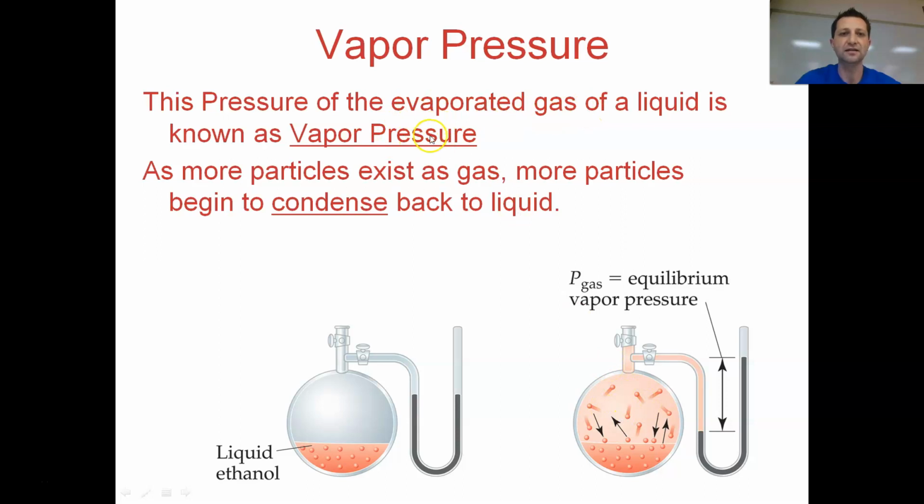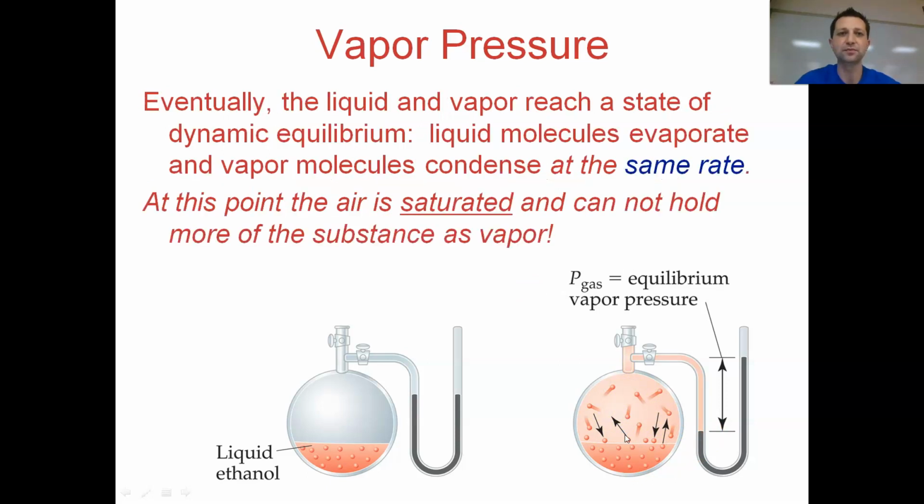So the evaporated gas causes that vapor pressure because it exerts pressure on the walls of the container. As more particles exist as a gas, more particles condense back into a liquid, and that's our dynamic equilibrium. So eventually, the liquid and the vapor reach a state of dynamic equilibrium where the condensation and evaporation occur at the same rate.